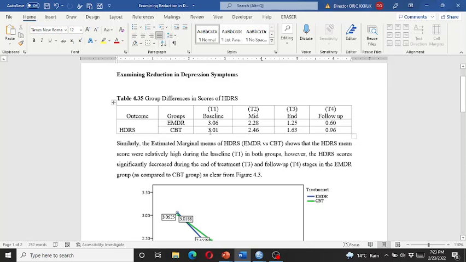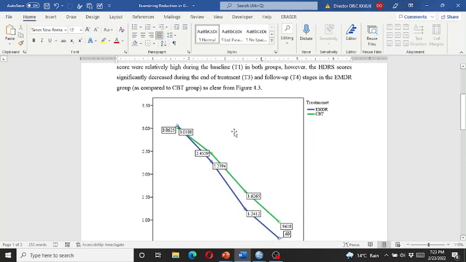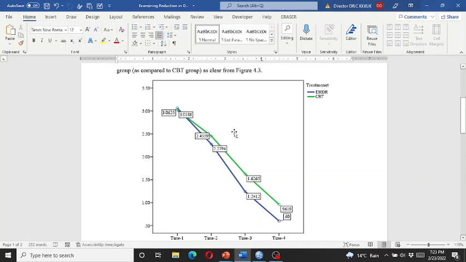We can see that during the baseline, the level of depression was high as compared to the level of depression during the follow-up stage. And as I previously told you, you can make changes in the chart produced by SPSS, and you can see here we have the data labels.